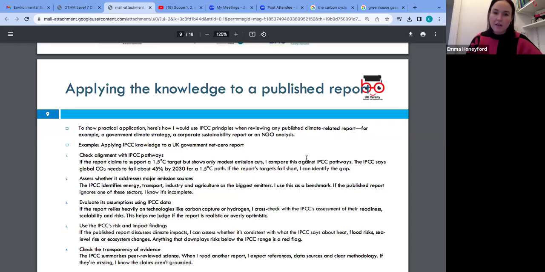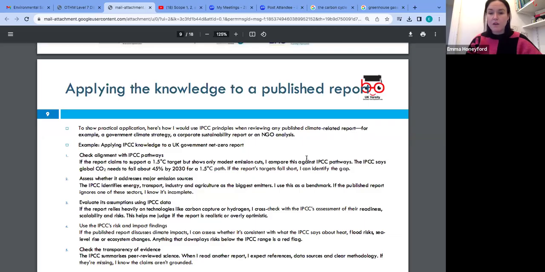So you would check the alignment with the IPCC pathways. If the report claims to support a 1.5 degrees target, but only shows modest emission cuts, I compare this against IPCC pathways. The IPCC says global CO2 needs to fall by around 45% by 2030 to be aligned to the 1.5 degrees path.